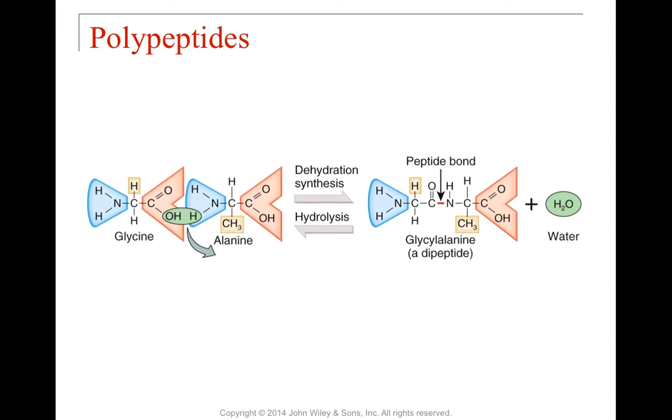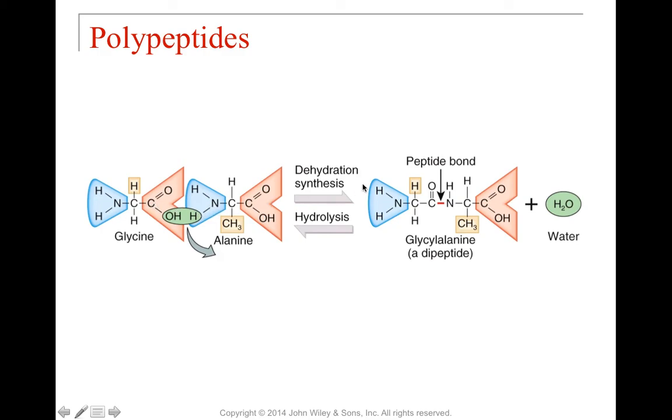As I mentioned previously, a polypeptide chain is formed when the carboxylic acid group of amino acid A interacts with the amino group of amino acid B. And again, we're going to bond these together by dehydration synthesis. So one hydrogen is going to come off this OH group, and the next thing you know, we have a peptide bond between this carbon and that nitrogen.